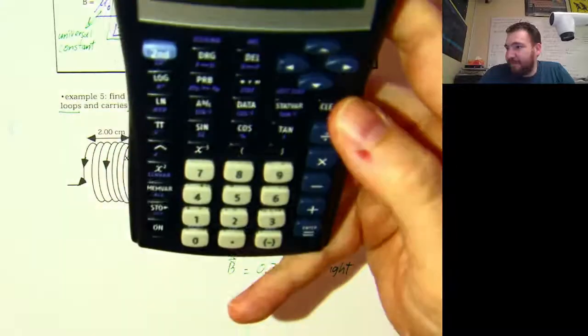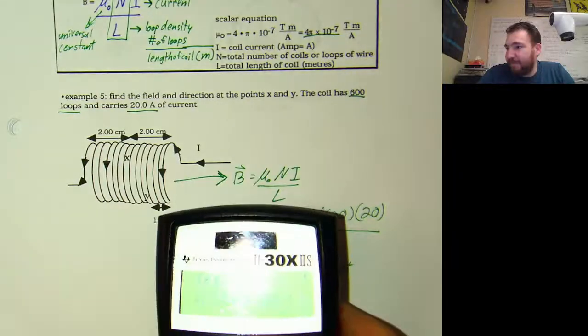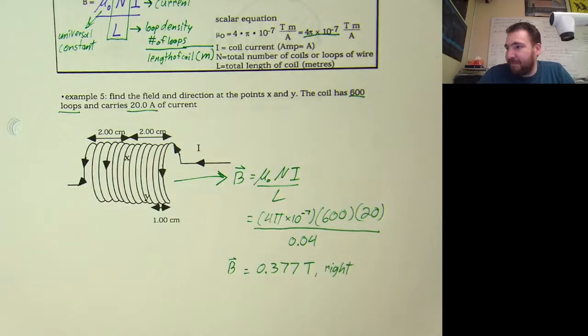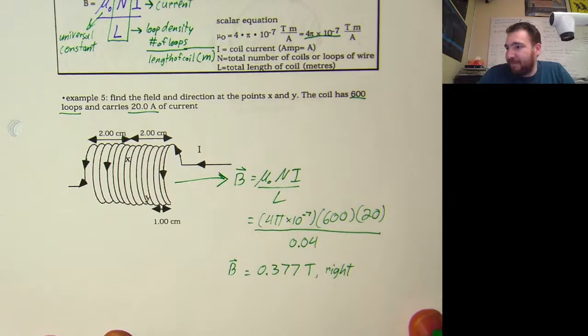Oh, my calculator will do it. Make sure that you can actually calculate the same value Zach got, because I'm confident Zach's value is correct. 0.377. There you go. Okay, 0.377.